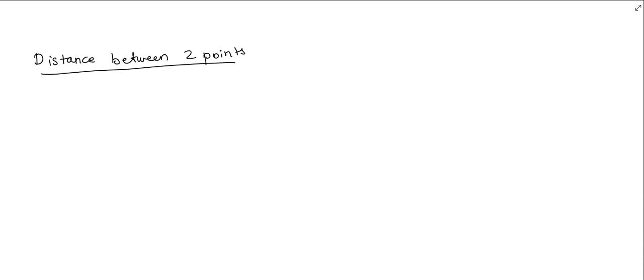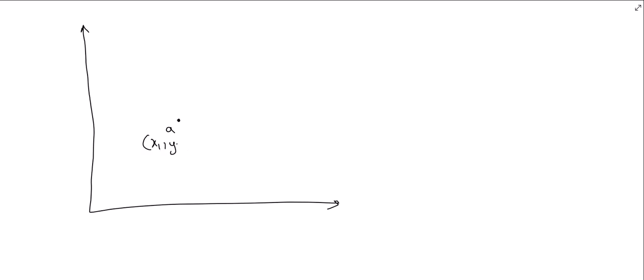Okay, coming back here. So, distance between 2 points. Let's say you are given 2 points on a coordinate geometric plane. So this is our plane. Let me draw it again. This is A, and A is x1, y1, and this is B, x2, y2.